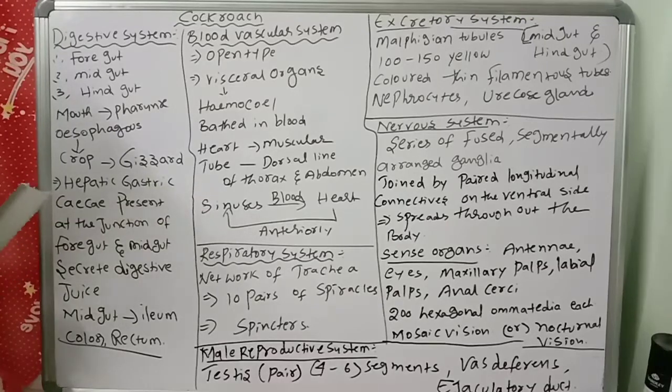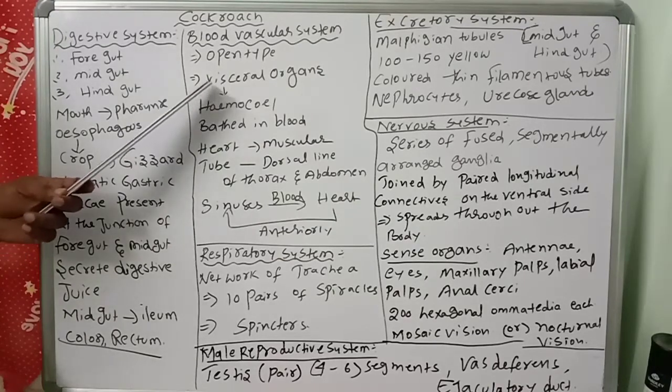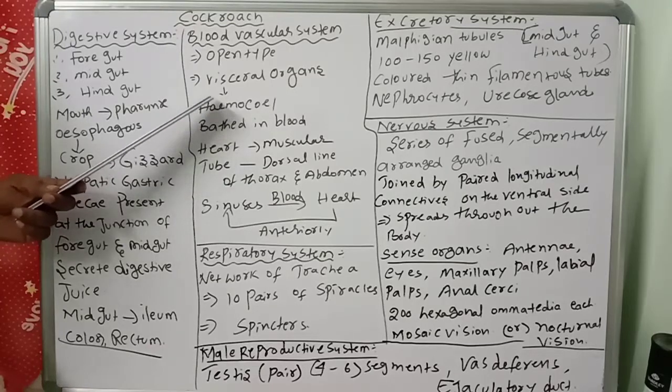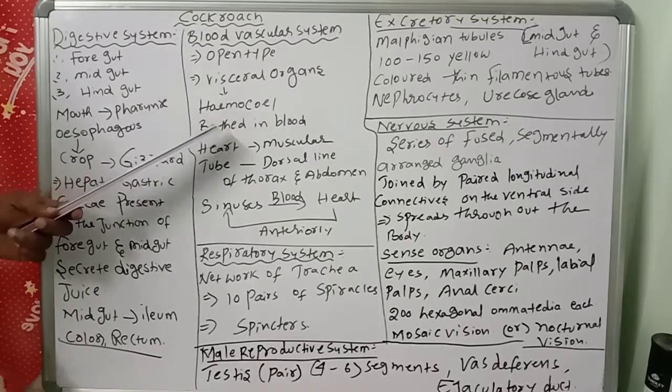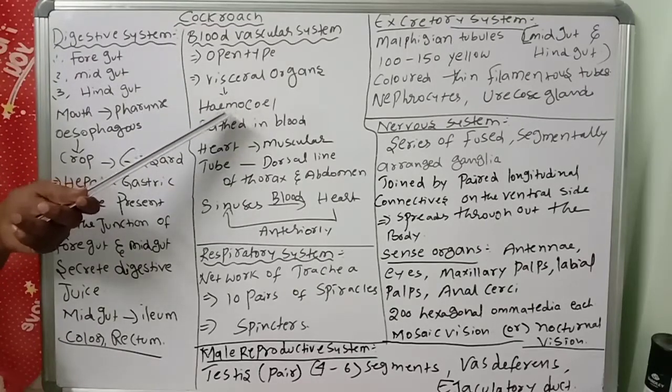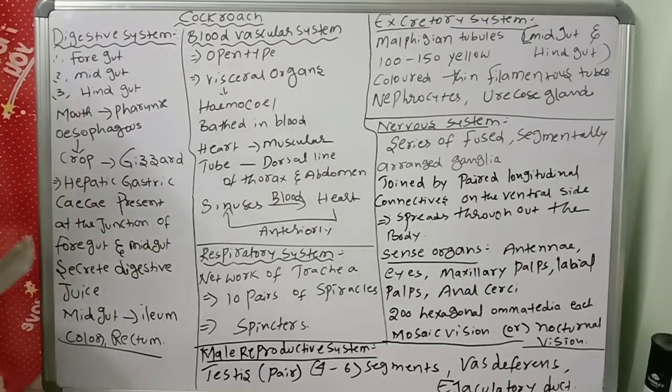Nothing but canals. So the visceral organs located in the hemocoel are bathed in the blood. Hemocoel means the gap. The visceral organs are present in the hemocoel and they are bathed in the blood.